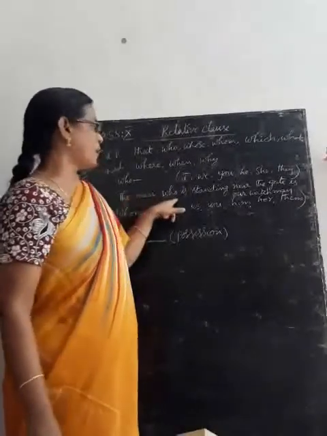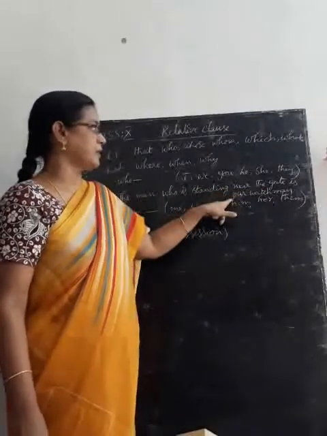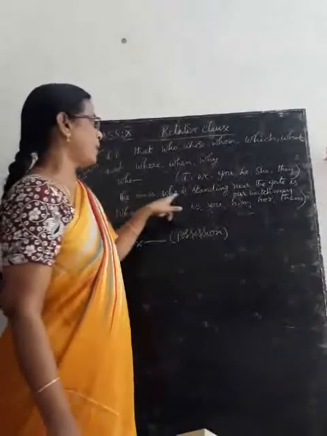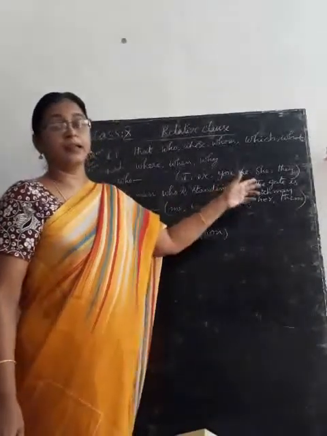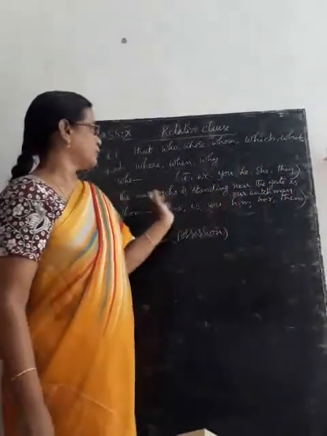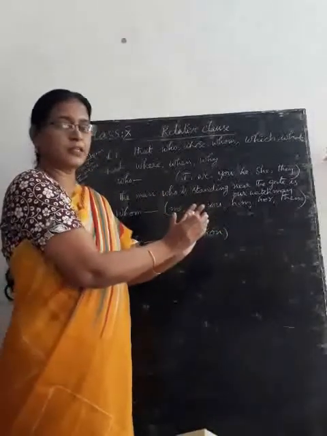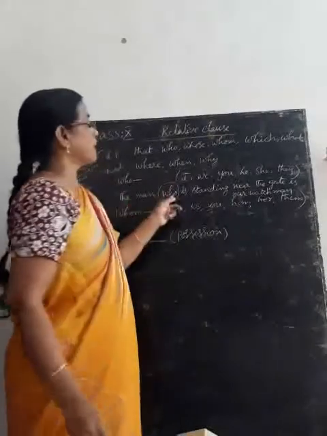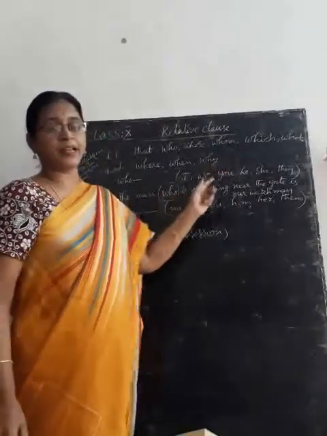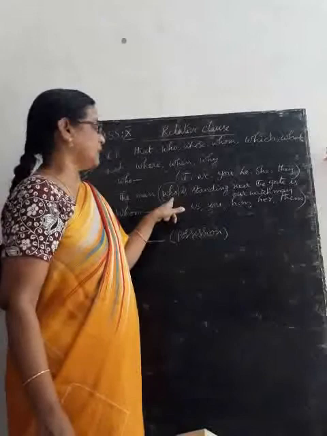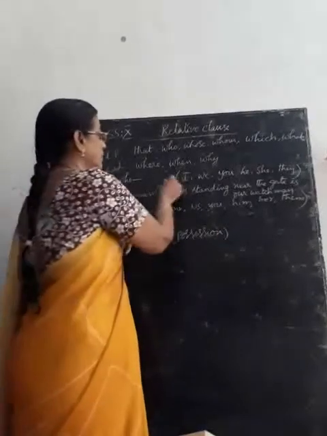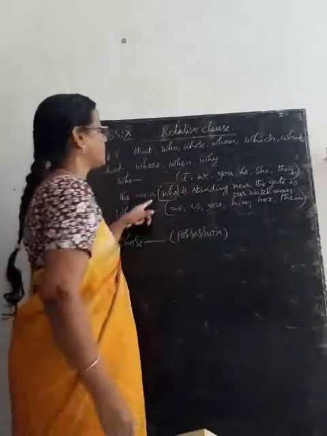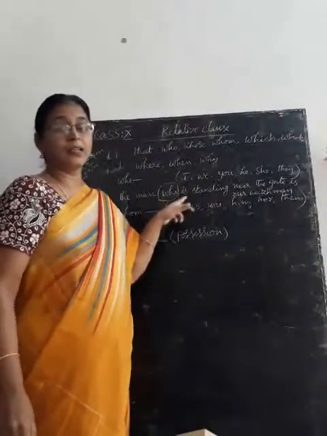For example, the man who is standing near the gate is our watchman. The man is standing near the gate. He is our watchman. So to combine these two sentences, we use relative pronoun in subjective case. Who is standing? He is standing near the gate. See, he. Instead of subjective case, we use here who. Okay, who is used instead of noun or pronoun in a subject position.